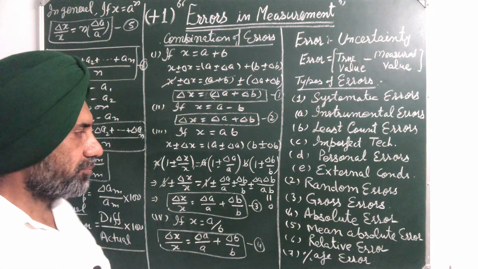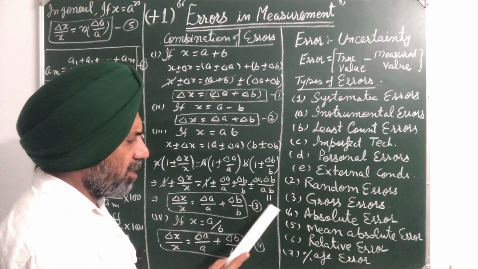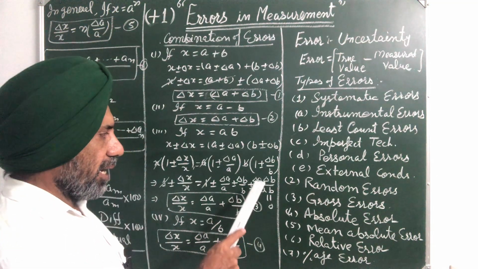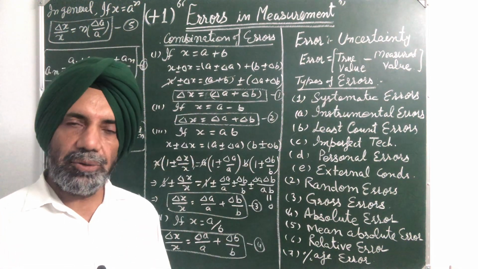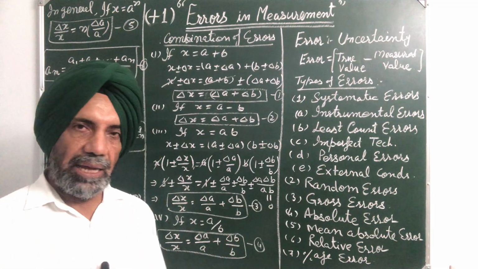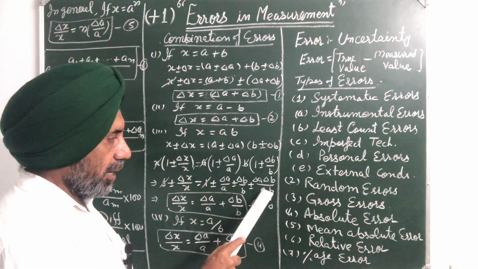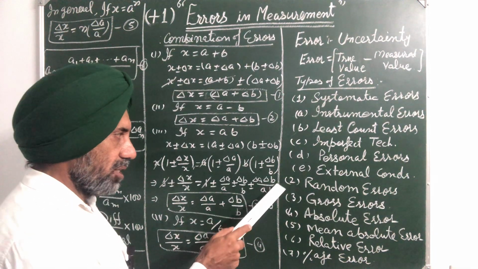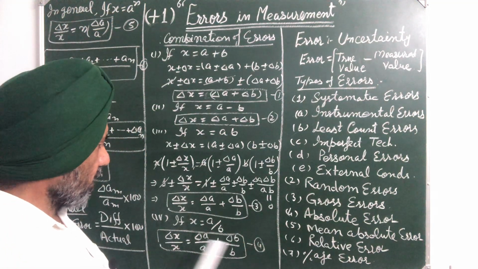1 cancels again. Now this delta a delta b upon ab is nearly 0, negligible, because delta a is very small as compared to a, and delta b is very small as compared to b. When two small quantities are multiplied, again we get a small value. Or when two small quantities are divided by the product of two large quantities, this term is negligibly small, so we can neglect it.